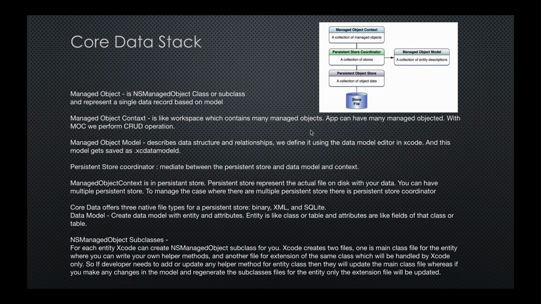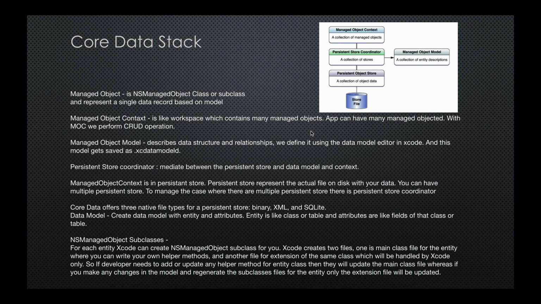So this is very important to understand. To do anything related to Core Data, it's the highest level of library we are talking about right now. To do any operation in Core Data, you need MOC, managed object context.